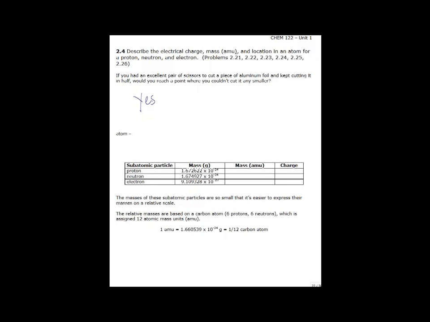If you got to that point with these scissors and you couldn't cut it any smaller, you would have an atom. So an atom is the smallest and simplest piece of an element. So it's the smallest and simplest piece of an element.